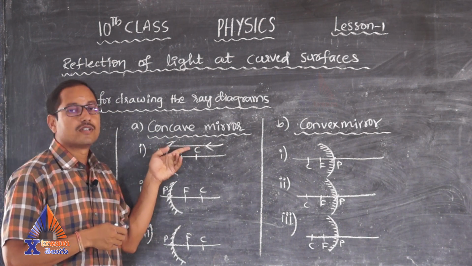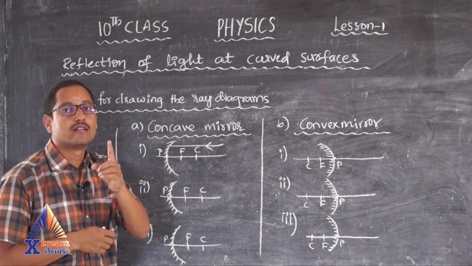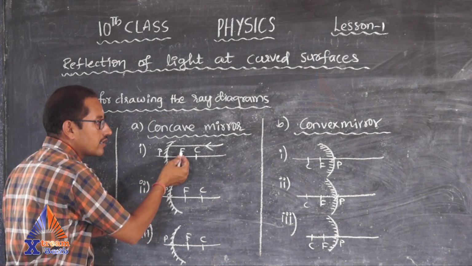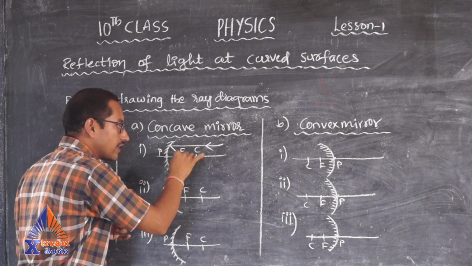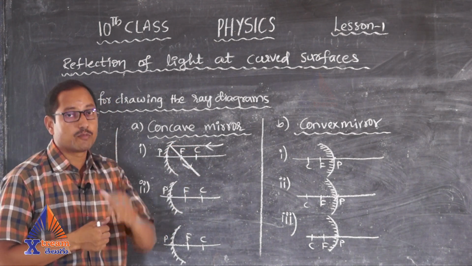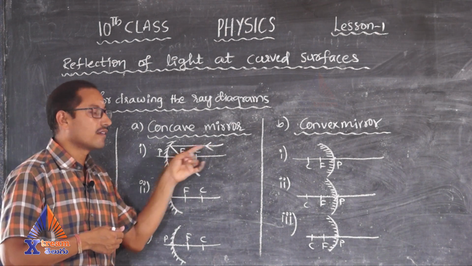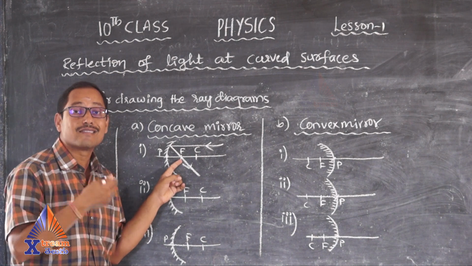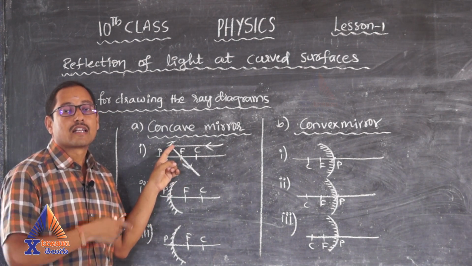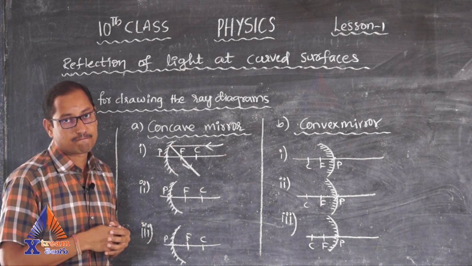Such rays which are parallel to the principal axis always get reflected through the focus. This is the focal point, the reflected ray always passes through the focus. This is case number 1. That means whenever we consider a parallel ray to the principal axis as incident ray, it is reflected back into the same medium through the focus.